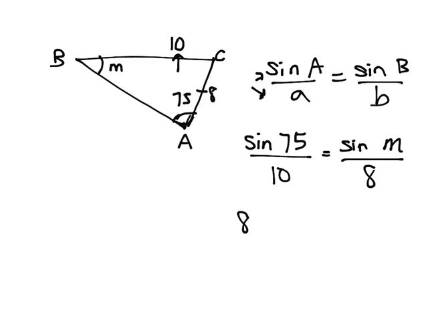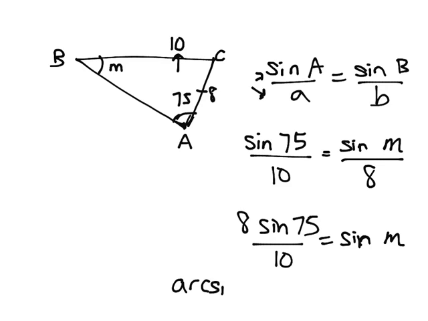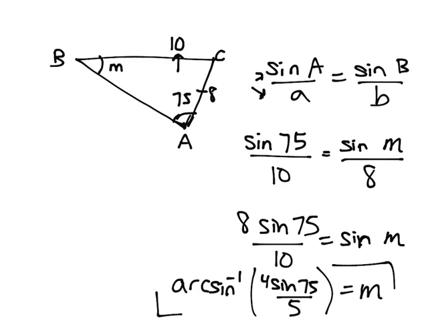We multiply 8 by both sides, we have sine 75 over 10 times 8 is equal to sine M, and now we apply the inverse trigonometric function arcsine, and we have arcsine of 4 sine 75 over 5 is equal to M. And we can just plug this into our calculators.